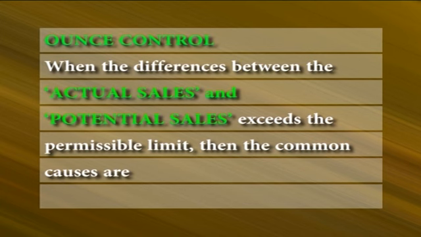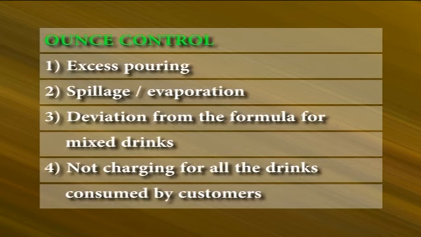The actual sales must tally with the actual consumption figures of the physical inventory. When the differences between the actual sales and the potential sales exceed the permissible limit, then the common causes are excess pouring, spillage or evaporation, deviation from the formula for mixed drinks, not charging for all the drinks consumed by customers.